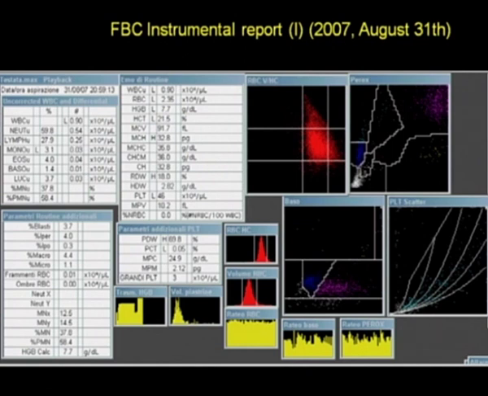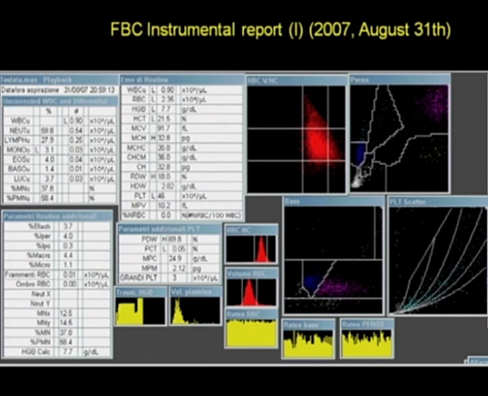If the chromatin is very condensed, here are the nuclei. If the chromatin is less condensed, here are the nuclei. If the chromatin is very lax, they fall out of this threshold, and the system provides a flag for suspect of blast, and the system enumerates blasts. This is just to illustrate how sophisticated the analyzer reports are nowadays.